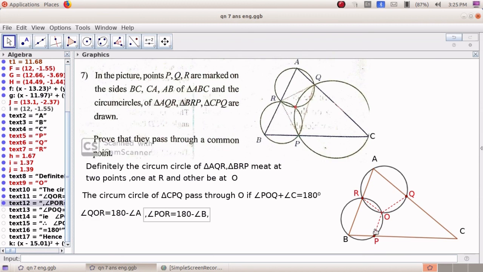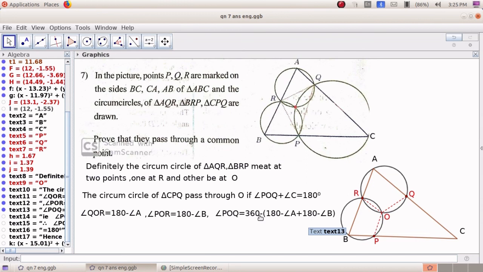Now the remaining angle POQ, total angle around a point is 360. Two angles are there determined. Therefore angle POQ will be from 360 we have to subtract the sum of the other two angles. Now see. In the bracket, two 180s together will be 360.